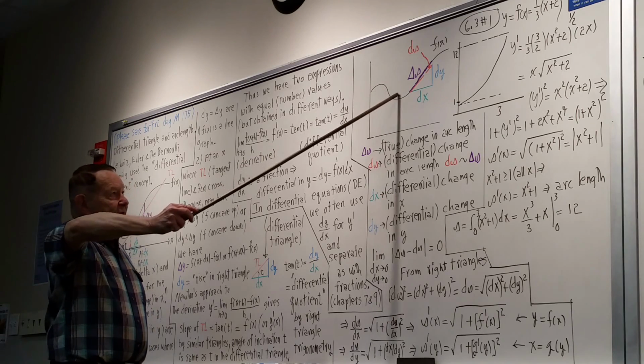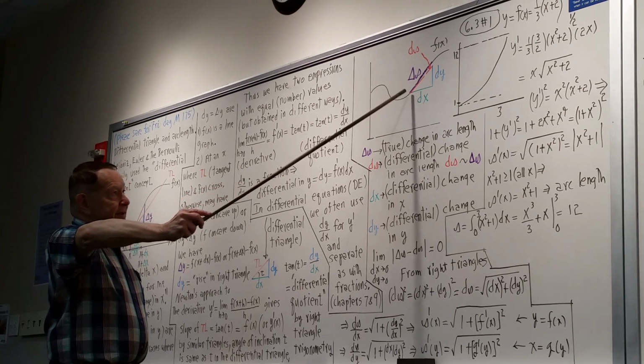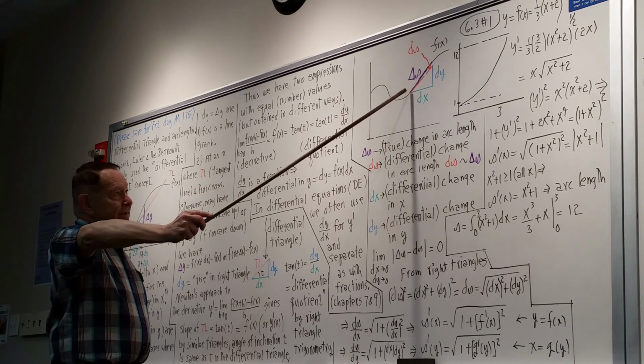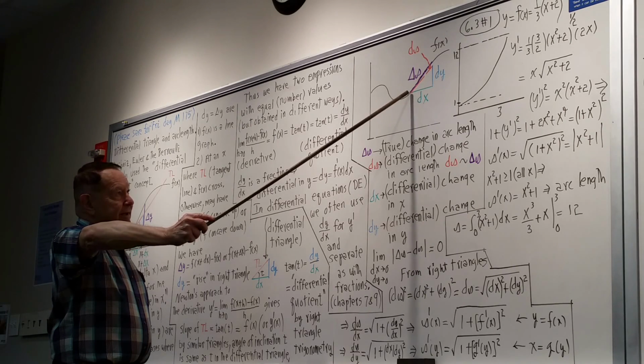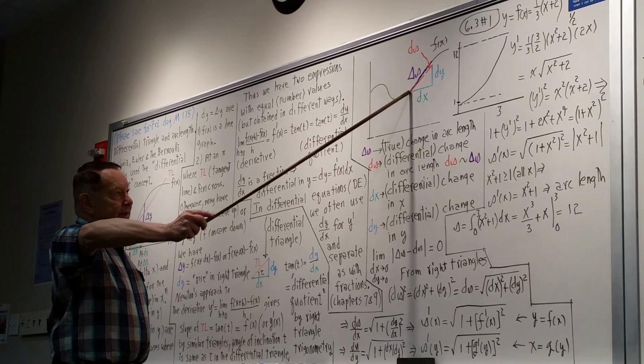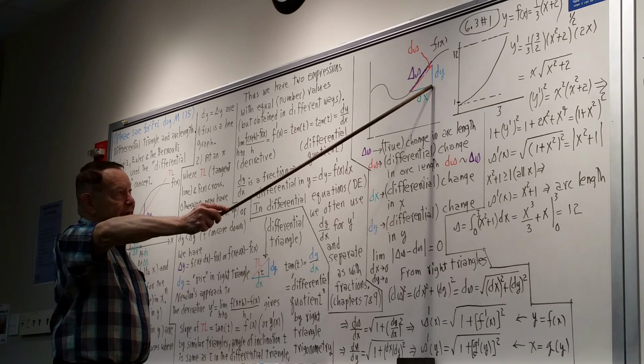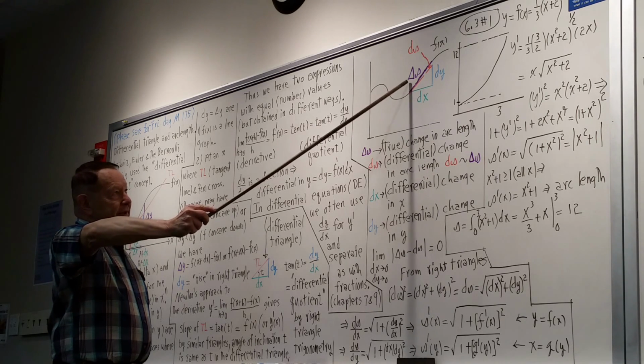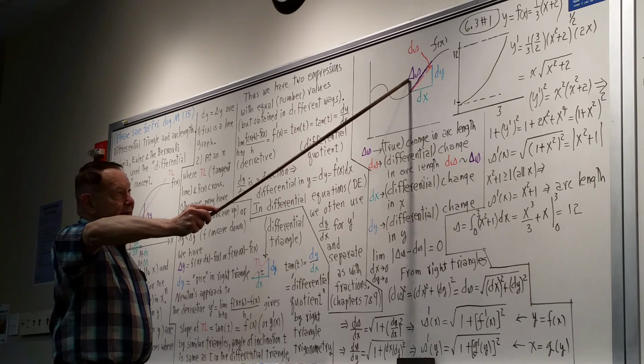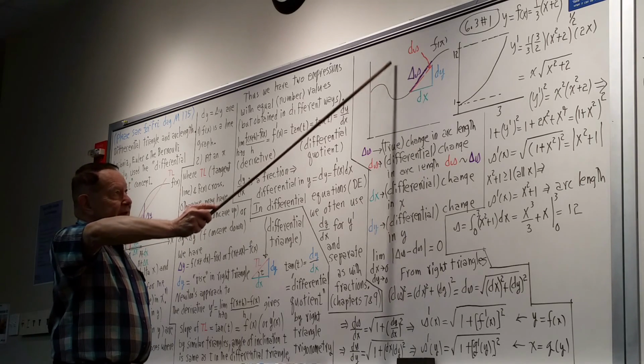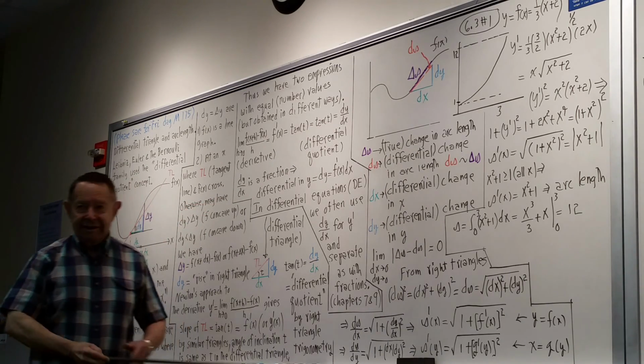So if you have a curve again, then the actual length of arc as you go from a point to the point over here would be the delta S in purple. We're thinking of S as arc length.